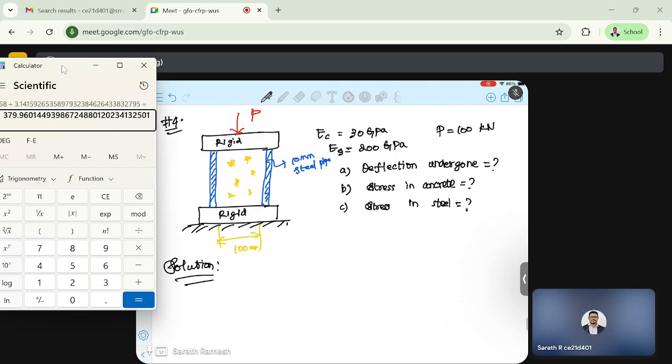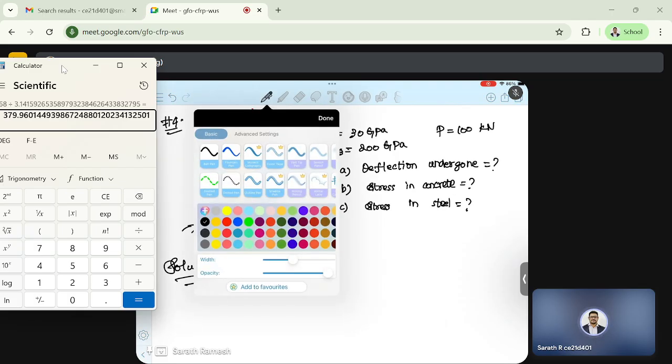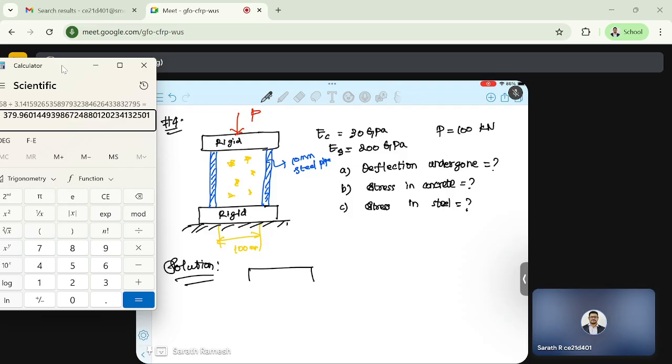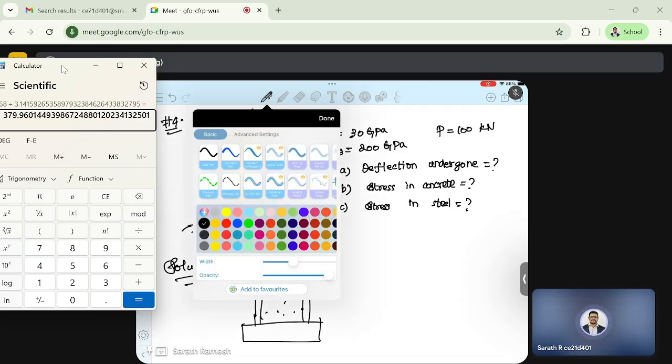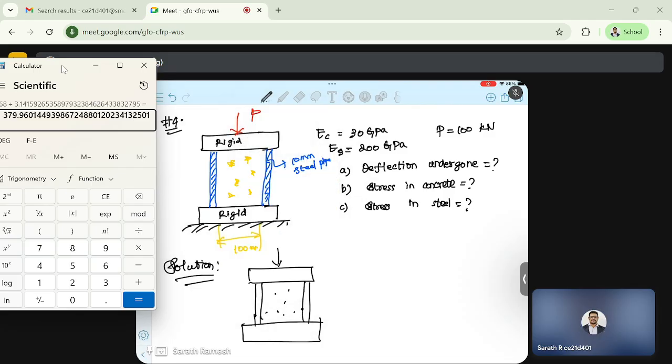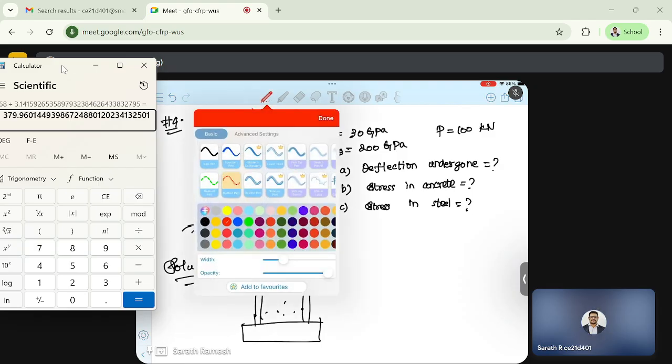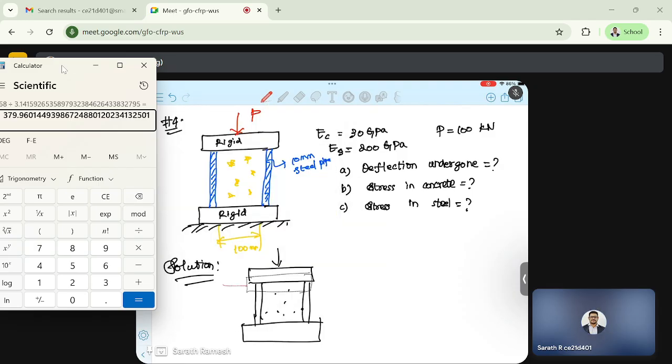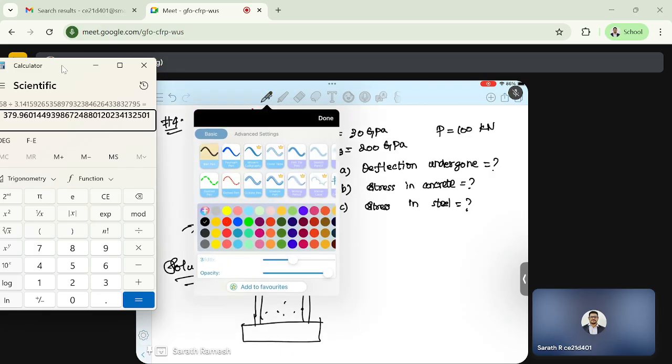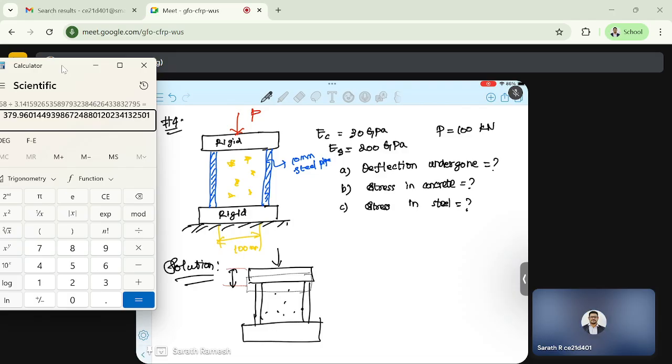Now, let me redraw this. If this is the rigid plate and this is the steel material and this is again a rigid plate, and there is a load here, this is going to undergo a deflection like this. Say the deflection it undergoes is delta.